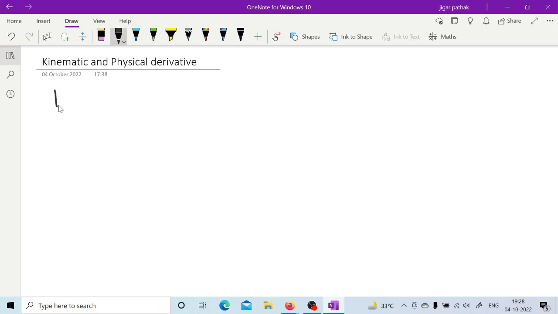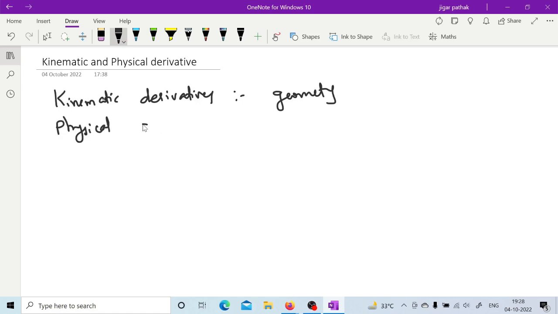So basically kinematic derivatives are going to define the geometry, while physical derivatives are going to define the motion of the follower.